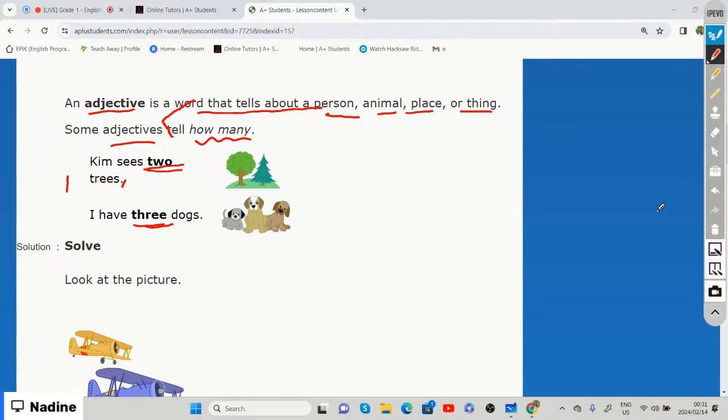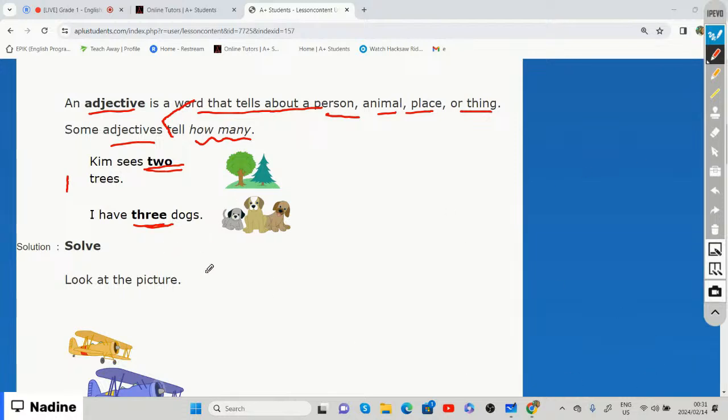And we see that adjectives tell us about the person, animal, place, or thing. So once again, the adjectives tell us about the person, animal, place, or thing.